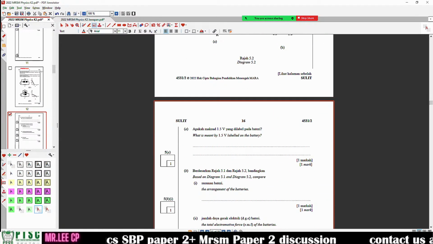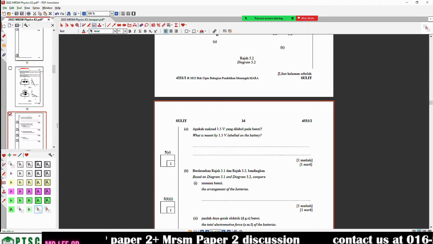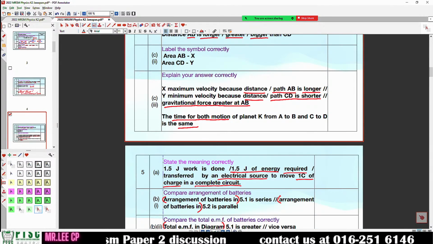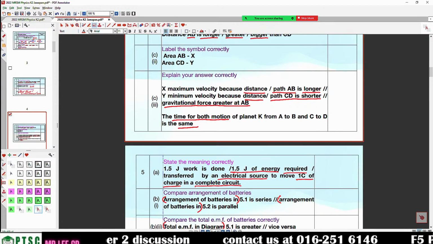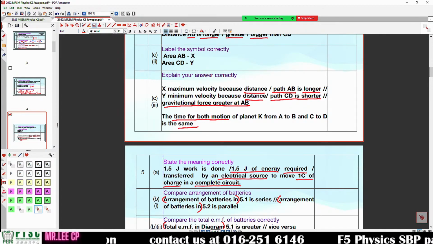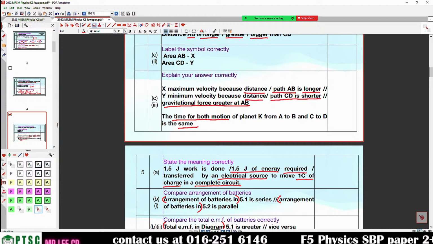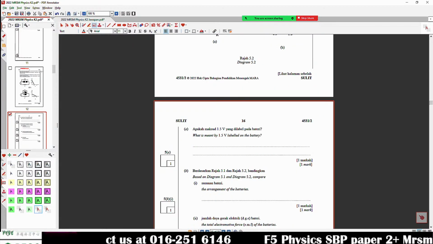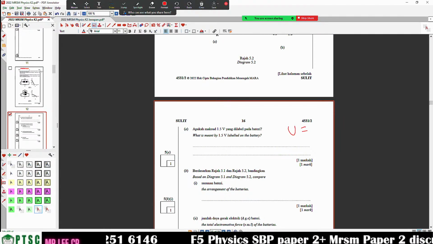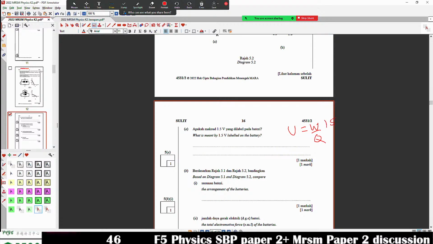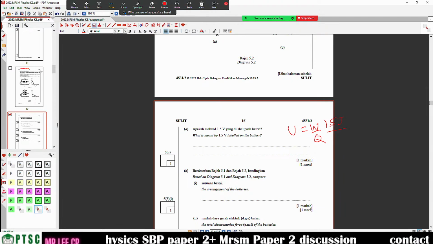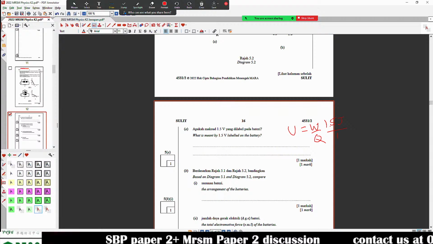What is meant by 1.5 volt label on the battery? 1.5 is an EMF, right? 1.5 joule of work done. Wait, V is equal to W over Q. 1.5 joule of energy carries every one coulomb of charge.